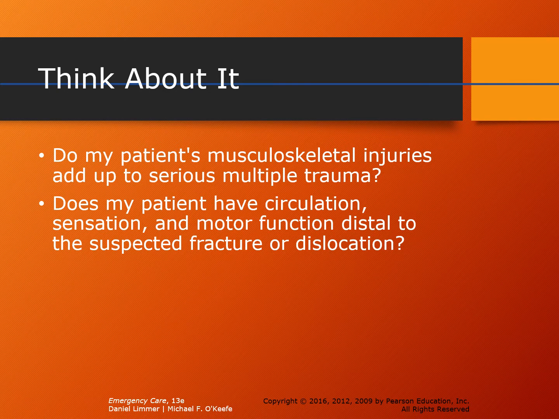And does your patient have circulation, sensation, and motor function, or CSM, in that suspected fracture or dislocation? And remember, we're always checking distal or further away from the site of the injury. It wouldn't be appropriate for us to check for a brachial pulse on a patient that has a fracture to their radius or ulna. We would want to go lower to the radius itself.